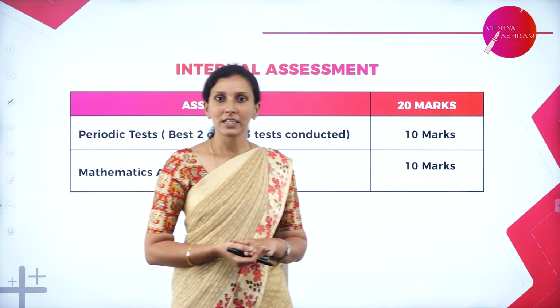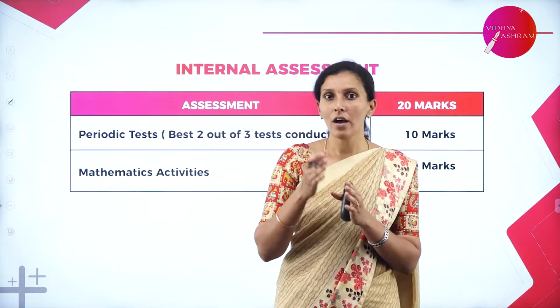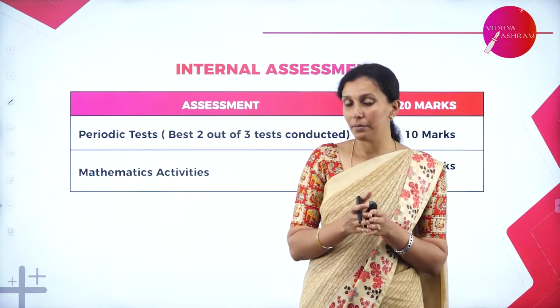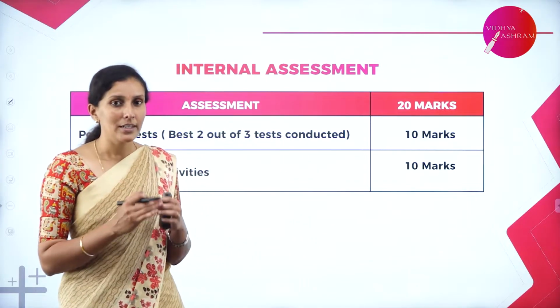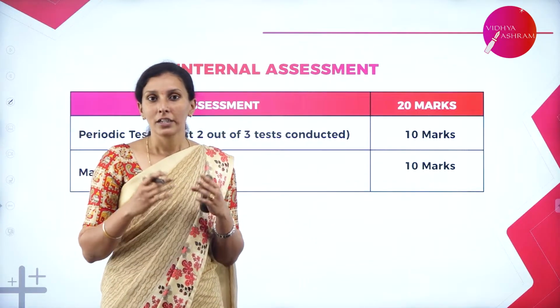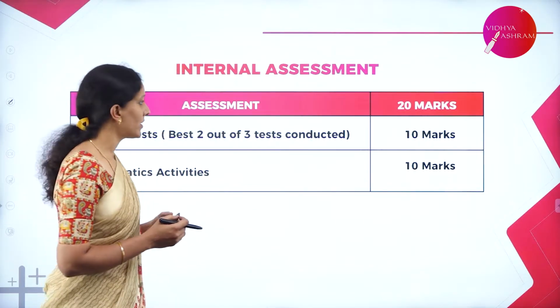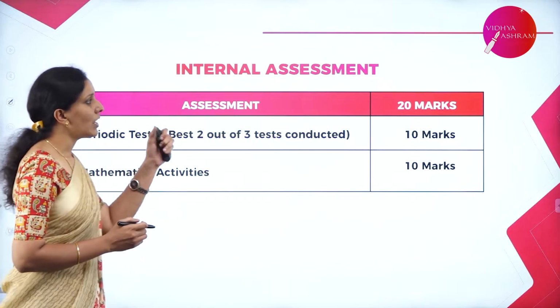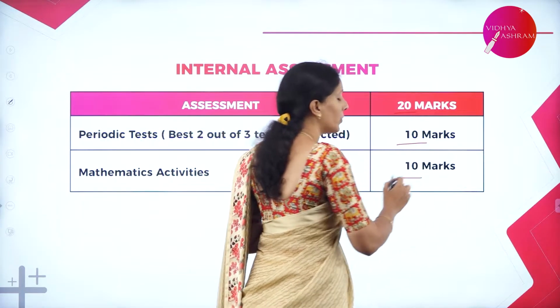Now, as I have discussed your question paper pattern and design, you are attending your annual examination for 80 marks, and where are the other 20 marks? It is your internal assessment. Your teacher or your school assesses you in different ways. Internal assessment is for 20 marks, and it is divided into 2 categories.